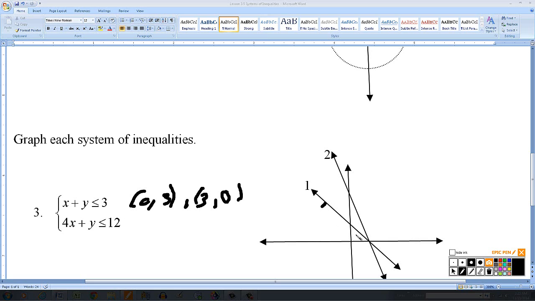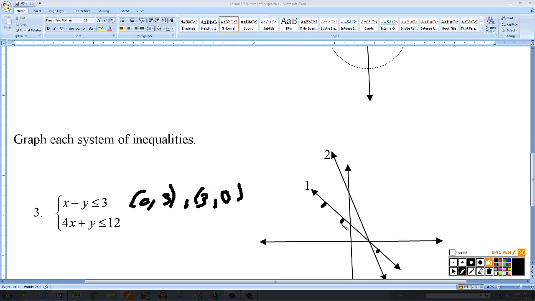So I'm just going to indicate this with just a little bit of shading, because I want this solution set for the whole thing. So if I was just given the first inequality, I have the line, I would just shade everything below line 1. That would be it. And notice, because I have equals, the boundary is included. So these are solid boundaries.